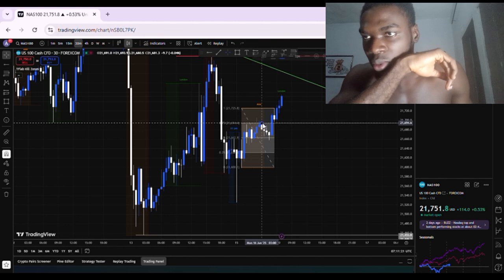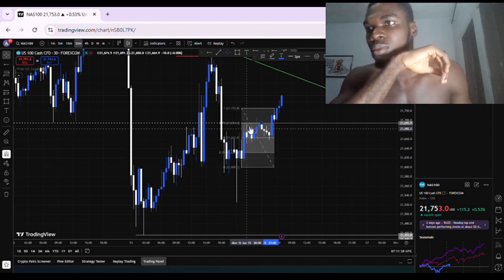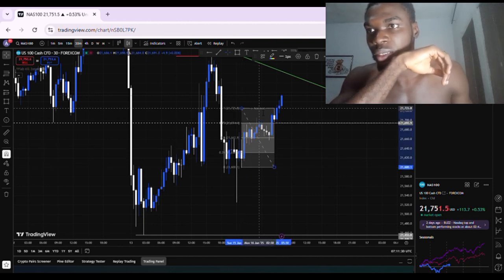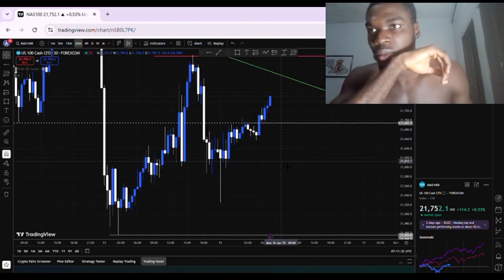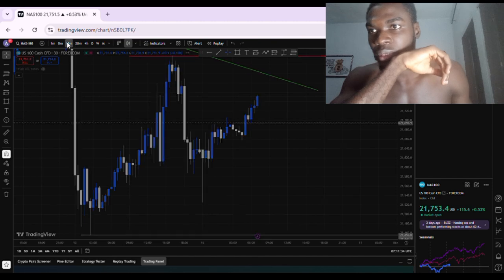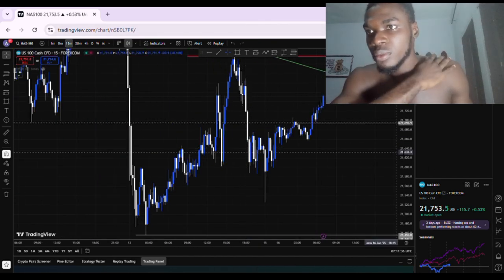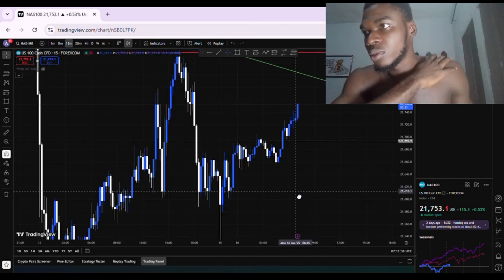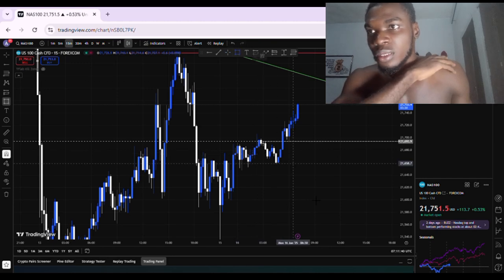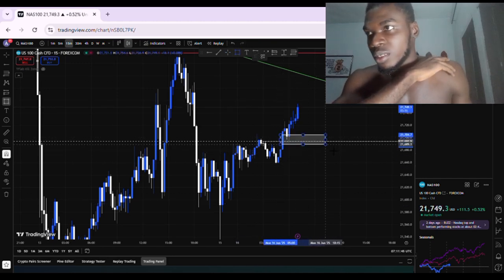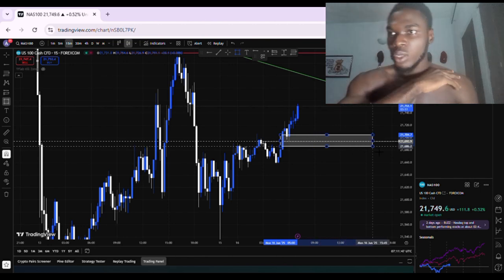So wait for it to come to this 0.25. Let me put a line there. This is our line. Then turn off my Q zone, delete the Fibonacci, and go into the lower time frame.